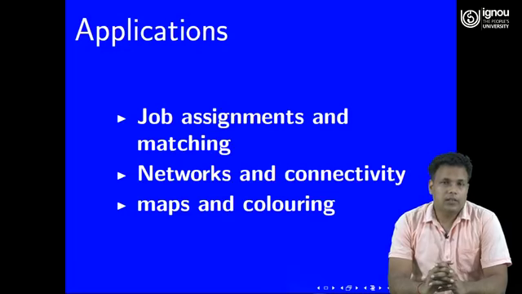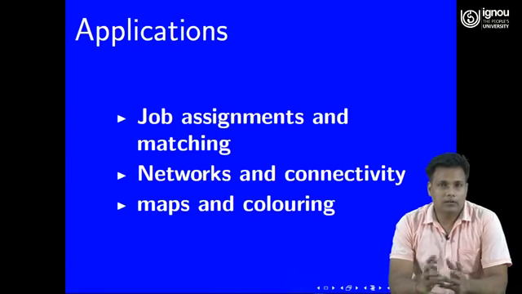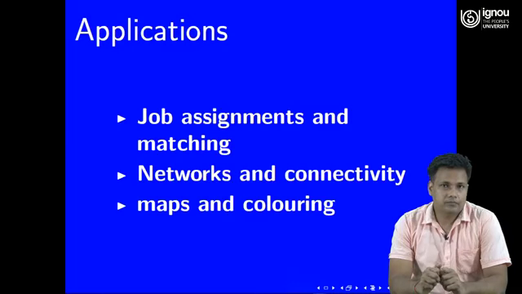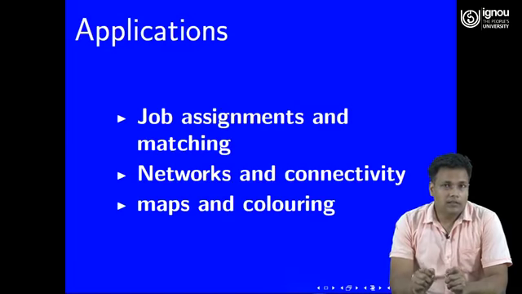And the third problem that is related to graph theory and has a profound impact on it is maps and coloring, the map coloring problem. You see any map of any state or any country, or even the world map, you find that the map uses at most 4 colors. So why is it the case? Let me first define what we mean by map coloring.